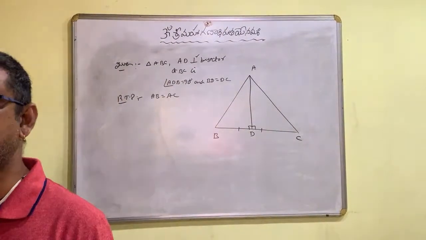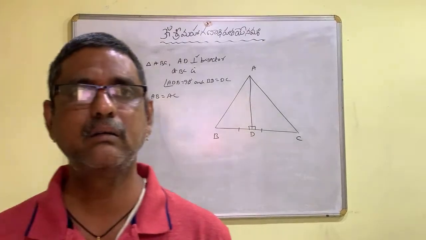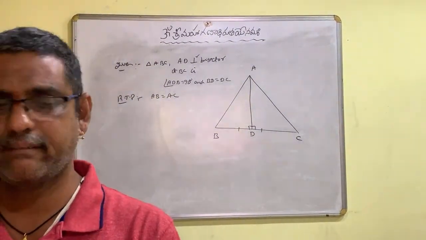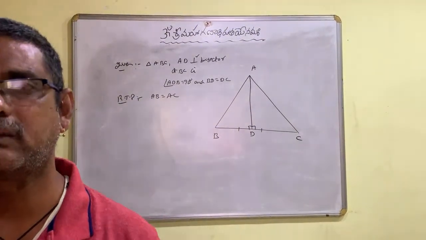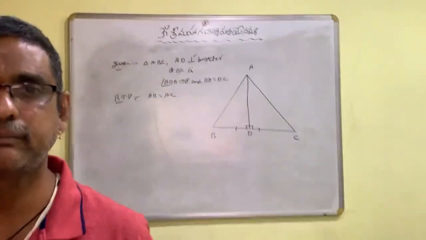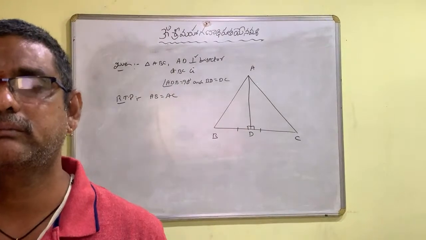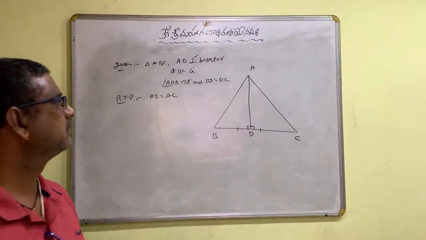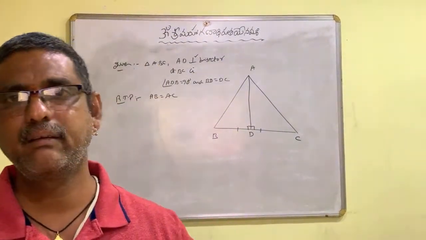CPCT maybe? I told you that we need to prove AB is equal to AC.